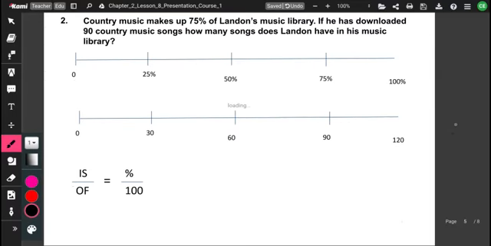Next, we have: country music makes up 75% of Landon's music library. If he downloads 90 country songs, how many songs does Landon have in his music library? I did the same thing as with example 1, which is I lined everything up, and we're going to start at 0 because they want to figure out what 75% is.